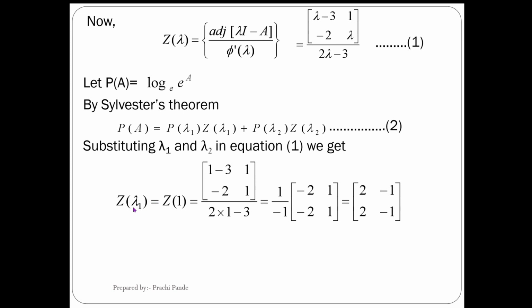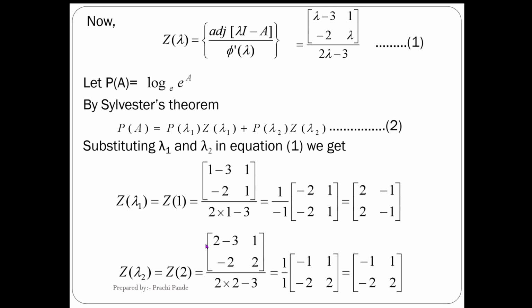If we substitute lambda 1 equal to 1, we get z of 1, which is the matrix 2, minus 1, 2, minus 1, and z of 2 we get as minus 1, 1, minus 2, 2. So now z of lambda 1 and z of lambda 2 are ready.